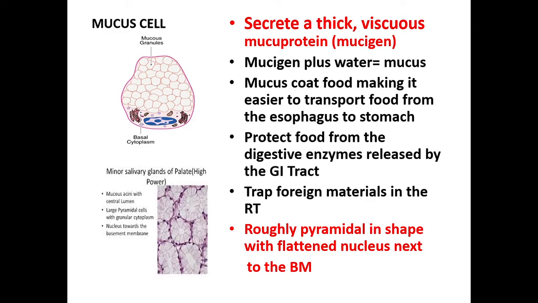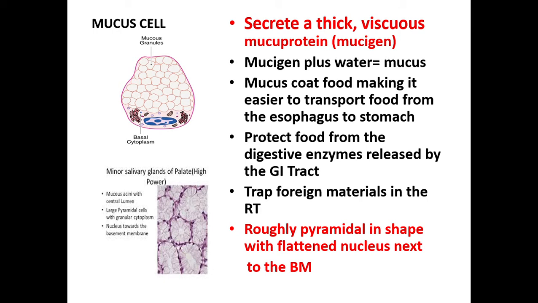Let us take a closer look at the mucous cell. The mucous cell secretes a thick viscous substance or viscous mucoprotein which we call mucigen. Mucigen plus water, we have mucus.